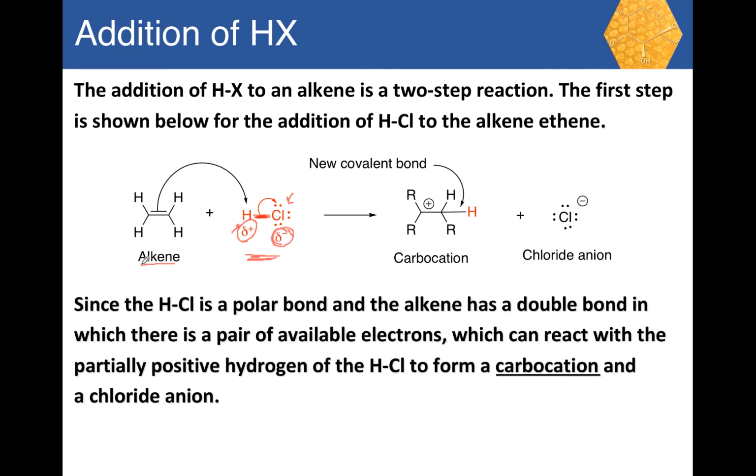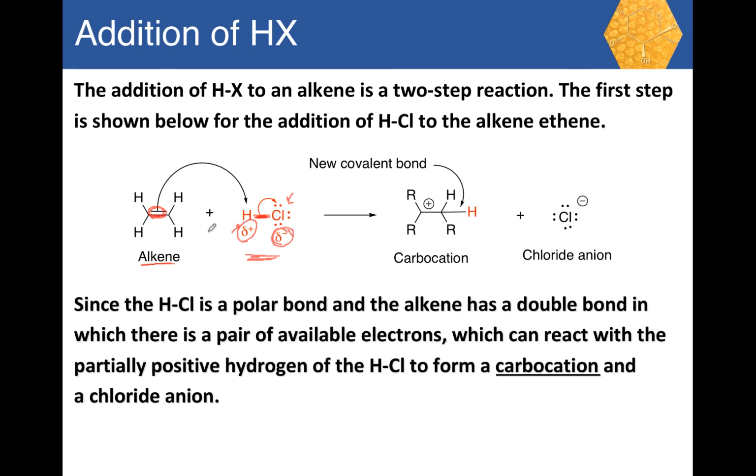Over here, the alkene, of course, as you know, is a double bond. A double bond has two electrons in this sigma bond, or single bond, and two electrons in another bond we call a pi bond. But the bottom line is it's a double bond with two pairs of electrons.